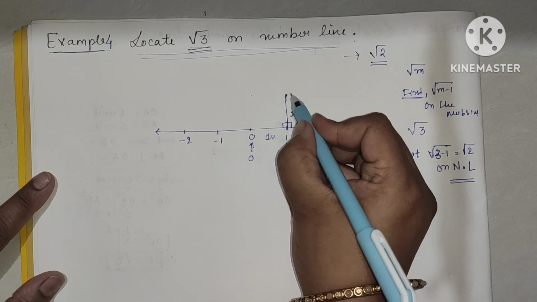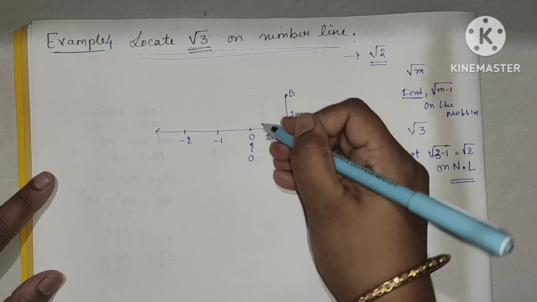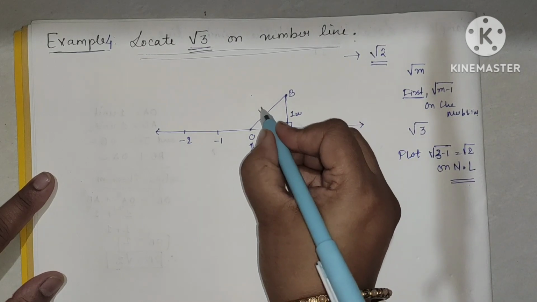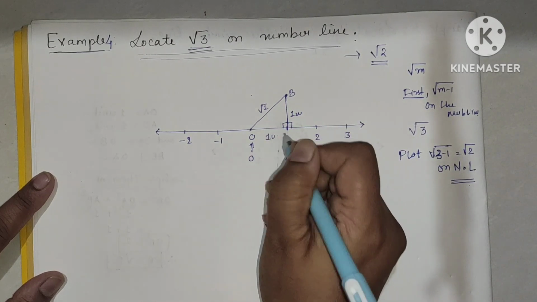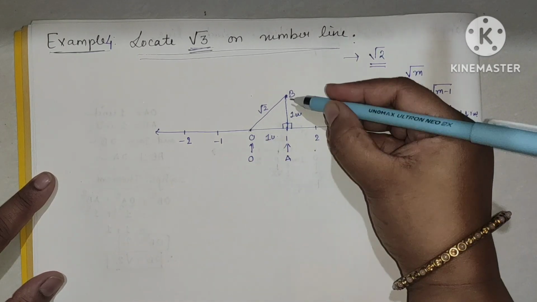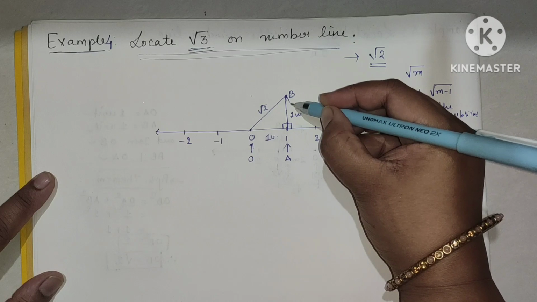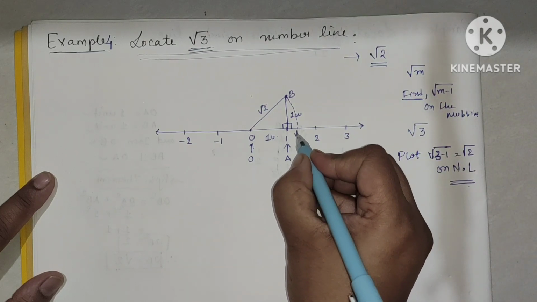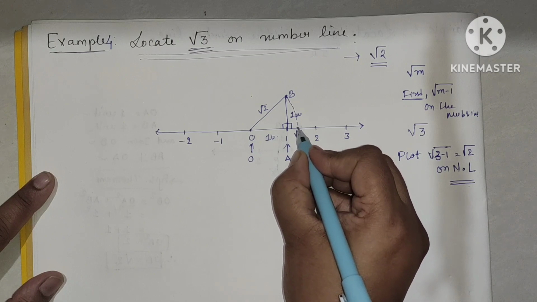Labeling this point as B, I'll find out this is root 2. Taking the help of a compass, I'll draw an arc on the number line. This is root 2 on the number line.